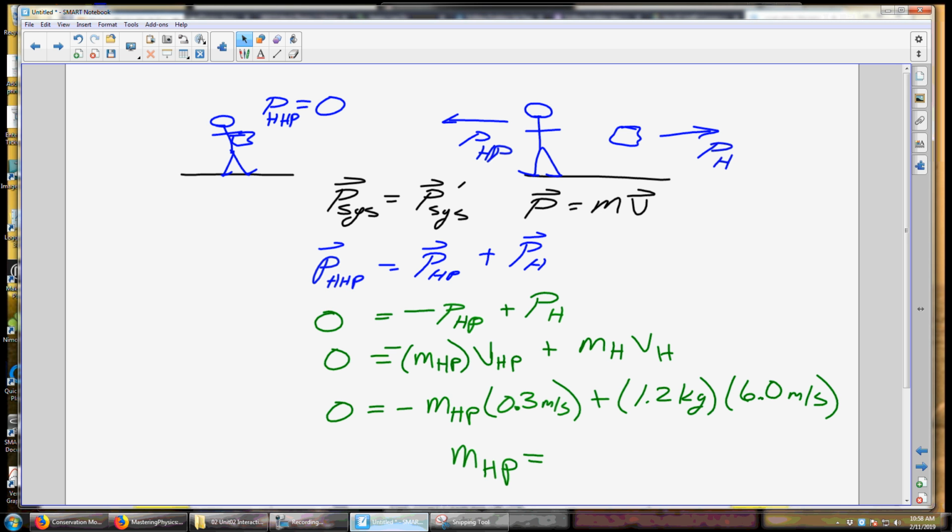Now I'm going to make a prediction, just doing it in my head. 10 times, 20 times as large. I think the hockey player is going to have a mass 20 times as large as that helmet. So I'm predicting 240.